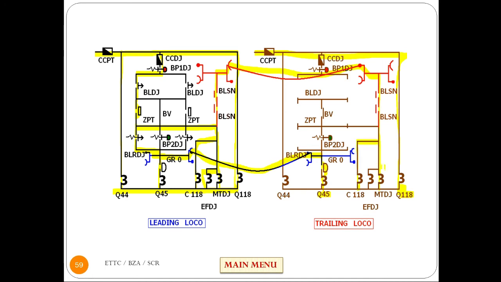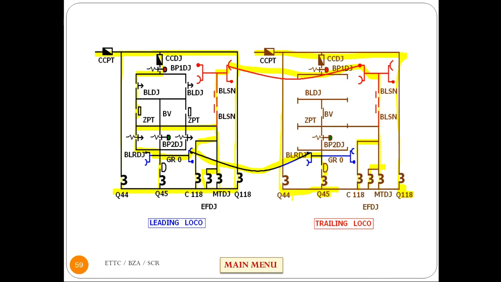It means that in the DJ control circuit, when compared to a single unit, here the Q118 branch and Q44 branch are operating independently. They are energizing on their own loco controlling fuses. But if you see the Q45 and the common path of C118, EFDJ, MTDJ, they are getting the supply from the leading loco.